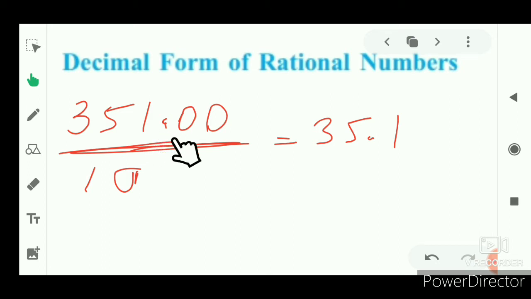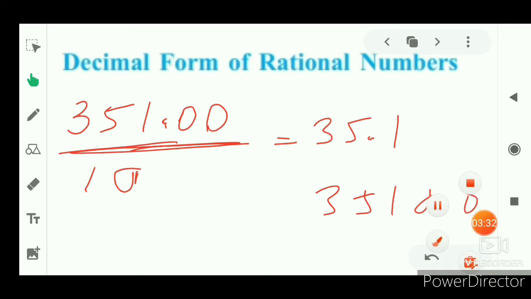If we take it one step ahead, then the number will become 3510.0. It means that 351 is increased to 3510, and that is not correct, because division means the reduction of a number. So we will never take division by 10 in the forward direction. We will always take it in the backward direction, because we have to decrease the number.